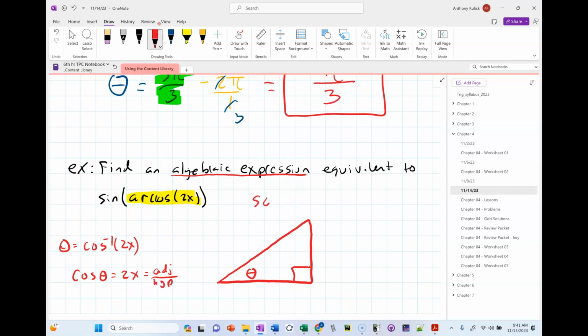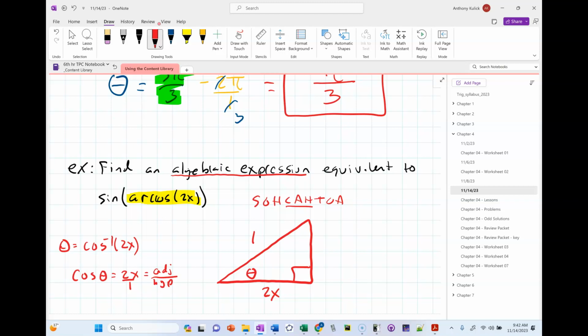Remember, it's SOHCAHTOA. So we use that part. So if I think about 2x as just 2x over 1, the adjacent side should be 2x, and the hypotenuse should be 1. Everybody good with the reasoning there?